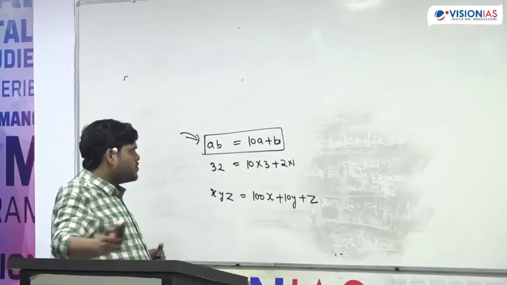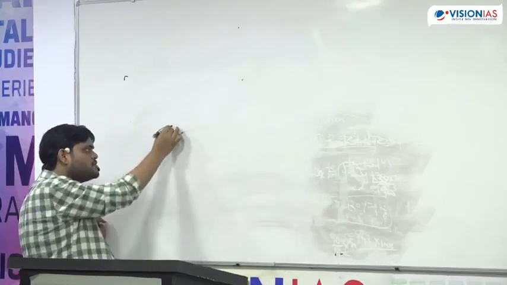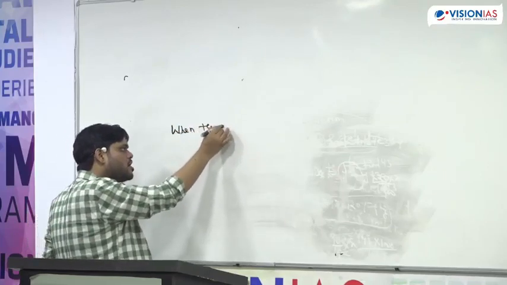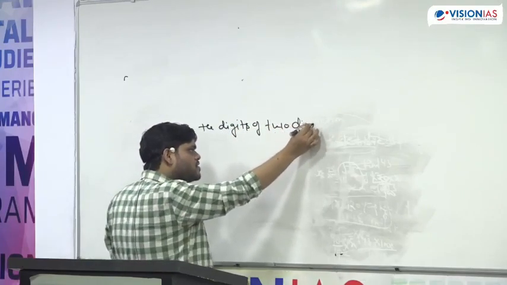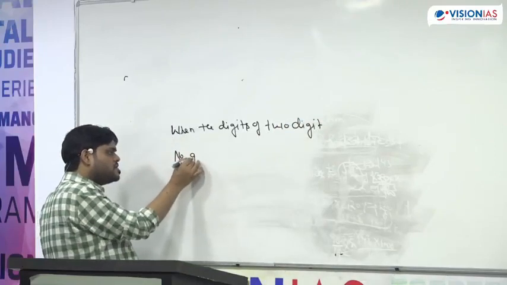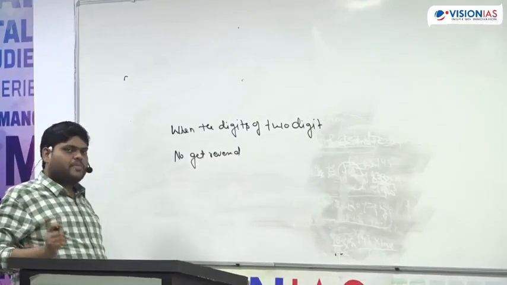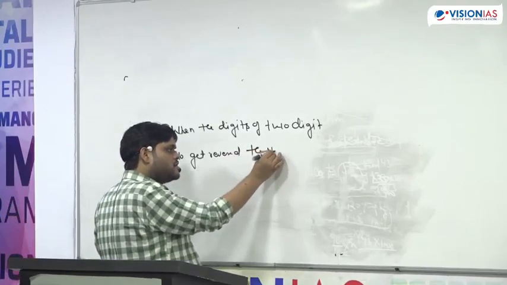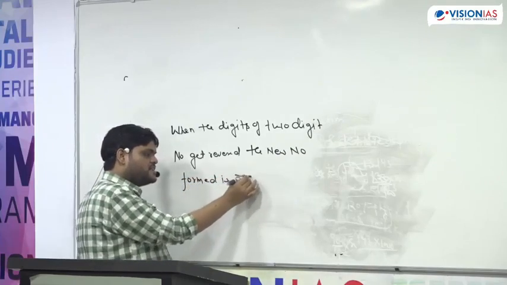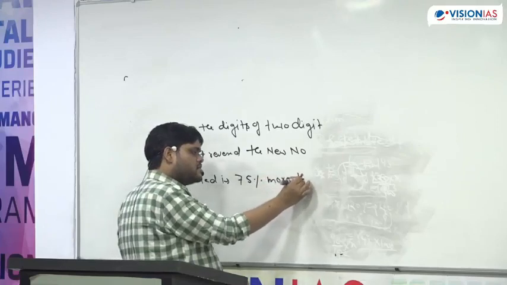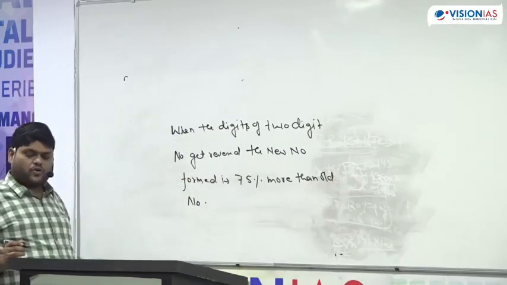Okay. Now, a question here. When the digits of a two-digit number get reversed, the new number formed is 75% more than the old number.